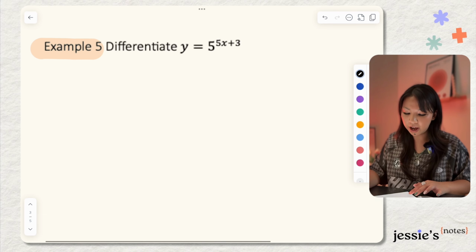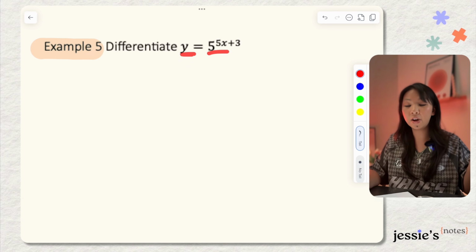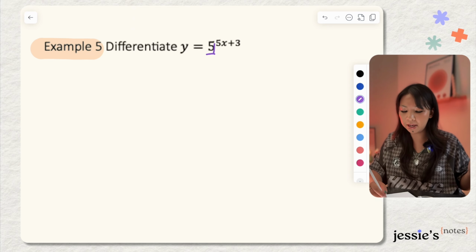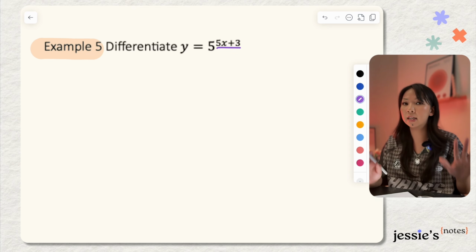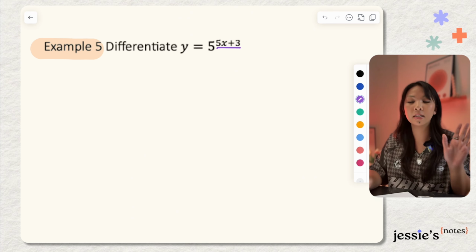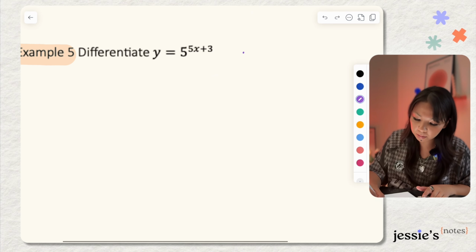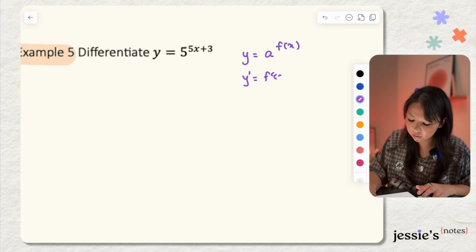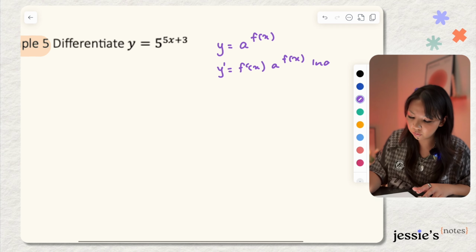Next one, example 5. Differentiate y is equal to 5 to the power of 5x plus 3. So very similar to the previous one where the base isn't e, but what's more interesting is that the power is not just x, it's 5x plus 3. So we're going to be using the formula a to the power of f of x, and it's going to be equal to the derivative of the power, copy and paste, and then you take ln of the base.